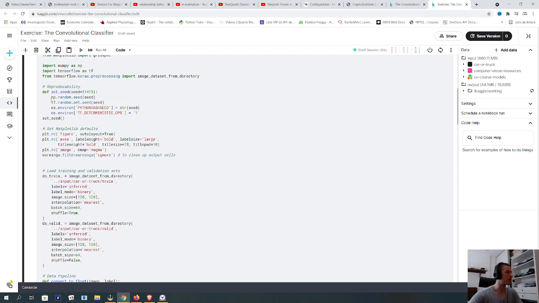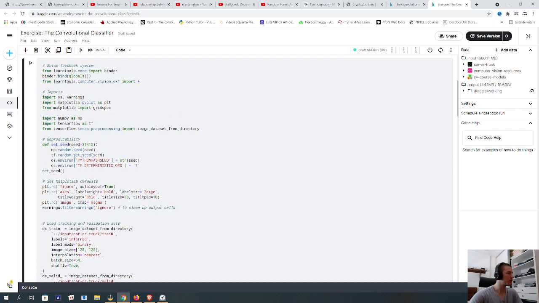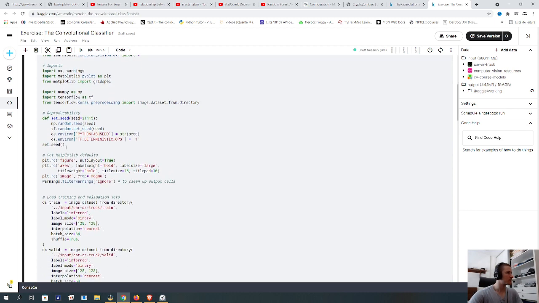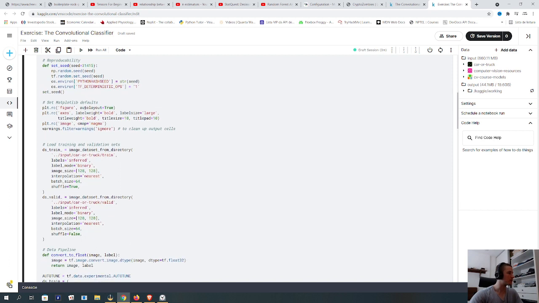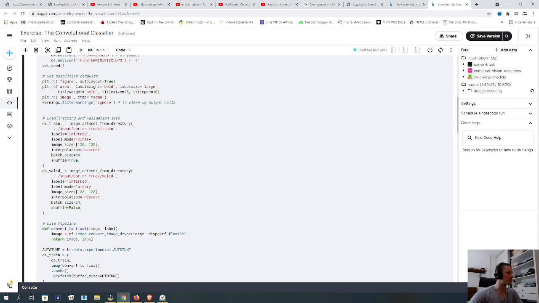So here you have random seeds to create the data, to separate the data, maybe. Then the matplotlib stuff to determine the style of the graph.